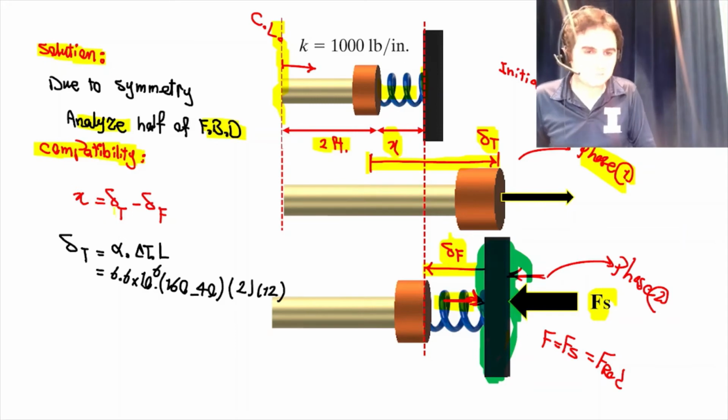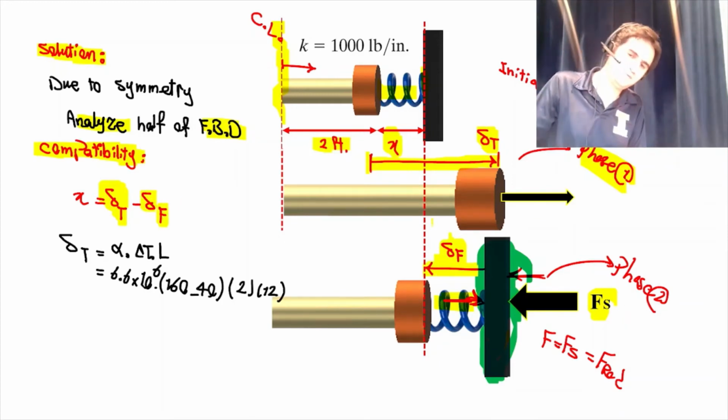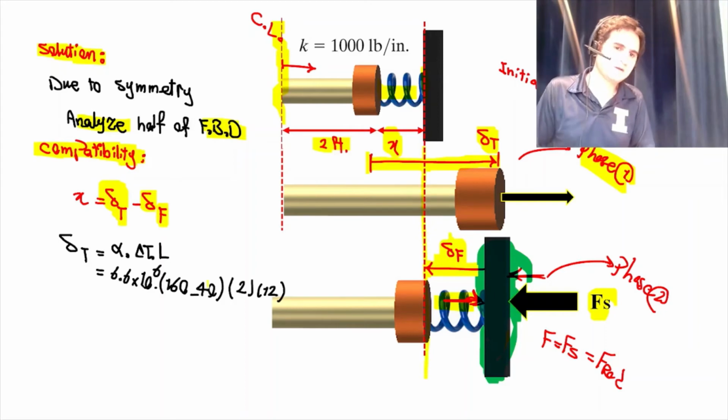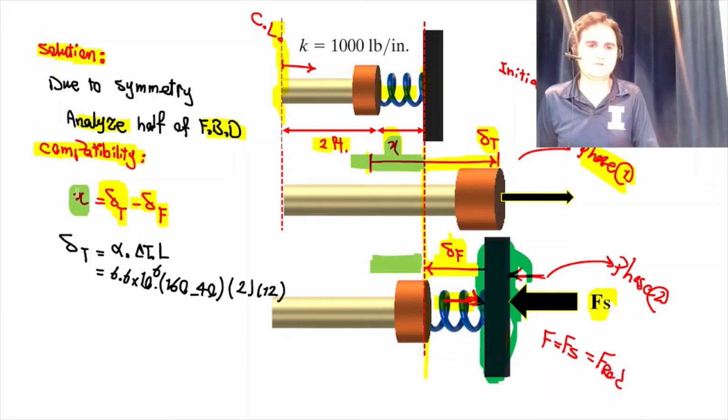It says the amount of departure in phase 1, when we remove the support at the right, is delta T, the deformation due to temperature, minus delta F, the deformation from the force that pushes the spring and bar back to the original location, and that equals x. That's our x, due to compatibility of the deformation.